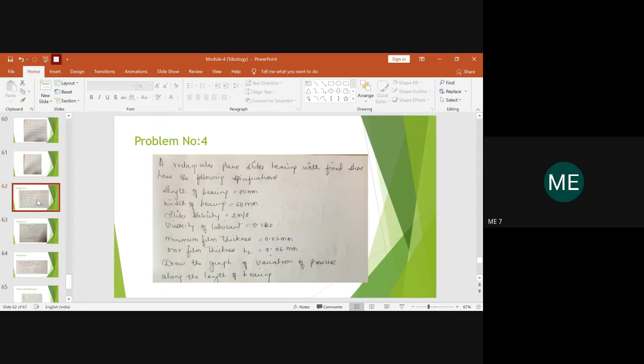One, determining the pressure distribution and showing where the maximum load approaches at what particular value of pressure. The other is to determine the load bearing capacity, the frictional force, the coefficient of friction, and the power loss. These are the two categories of numericals you usually get.